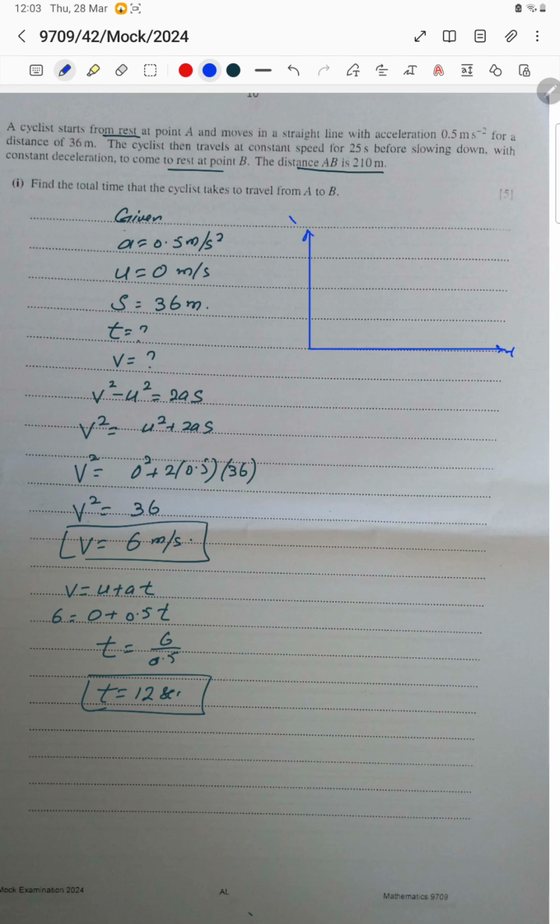VT. Suppose this is 3, this is 6 meter per second, and this is time in seconds. And here time was 12 seconds.